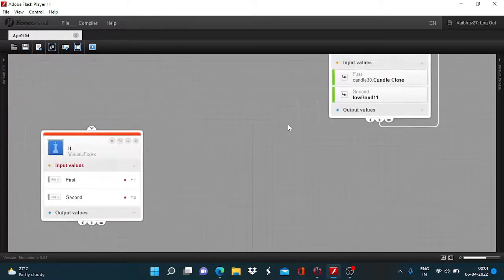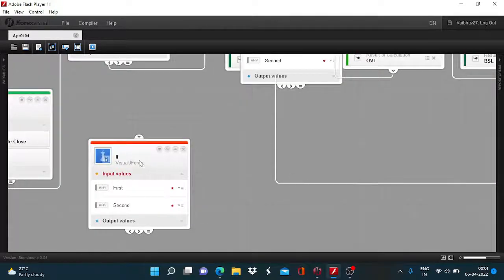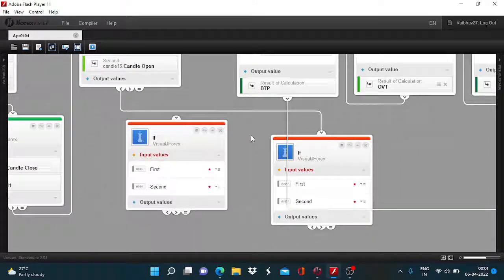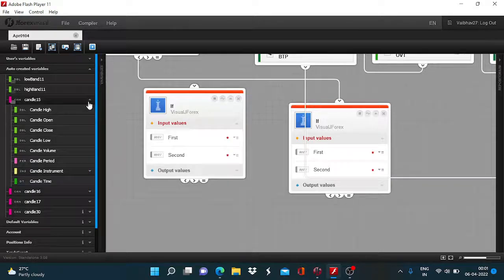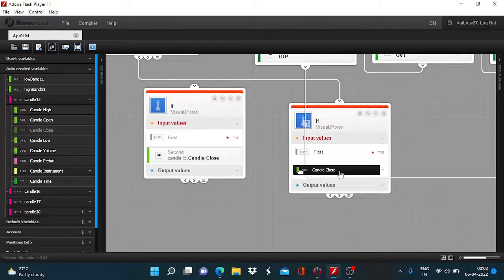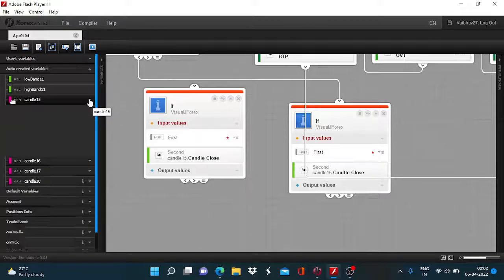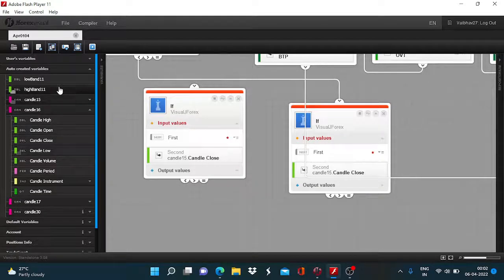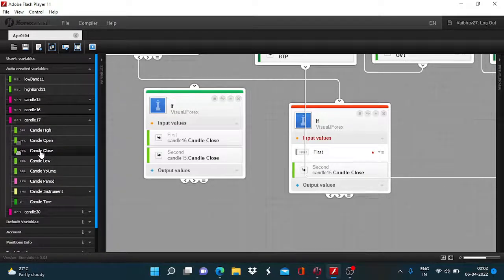So I am going to take candle 15 candle close as the common input in both these blocks, and compare it to the closing values of candle 16 and candle 17.